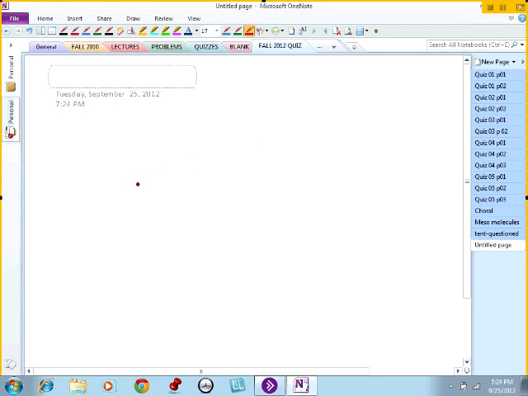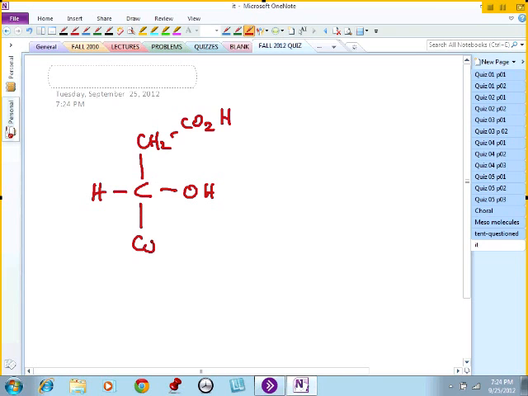Supposing I write this: carbon, hydroxy group, hydrogen on my left, and this group here, CH2 with a carboxy group right here, and then it also has a carboxy group right here. Supposing I have that.